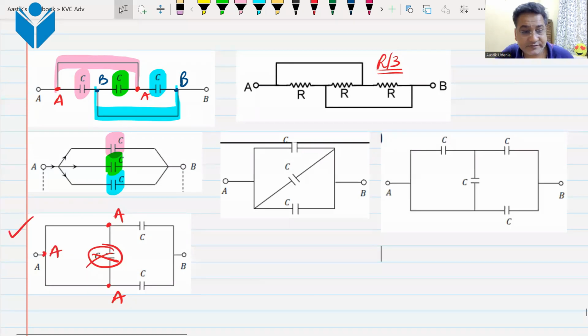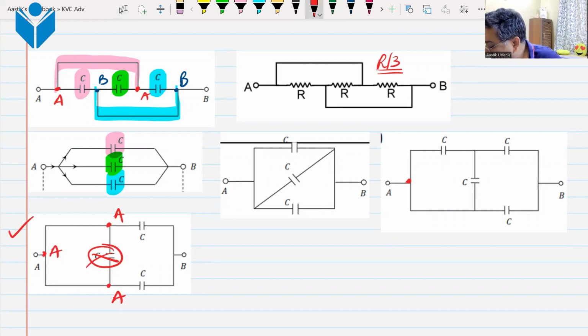This is the next one. What is the equivalent capacitance between points A and B? I hope you are following it. You have 2 minutes to give me the answer. 5C by 3 is the correct answer.